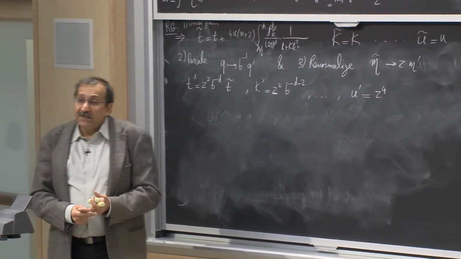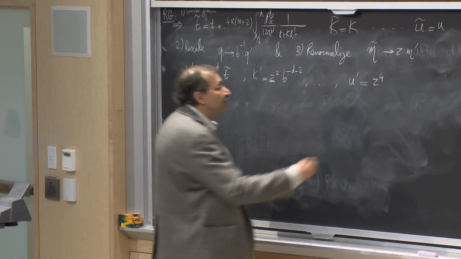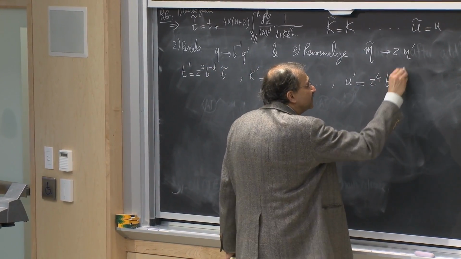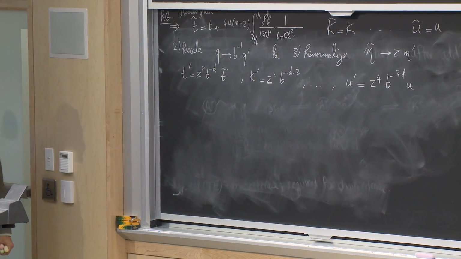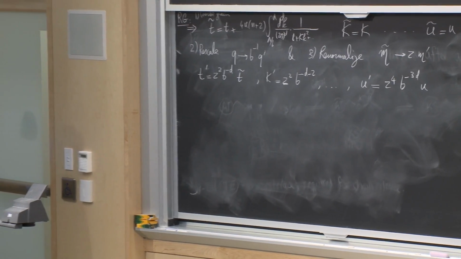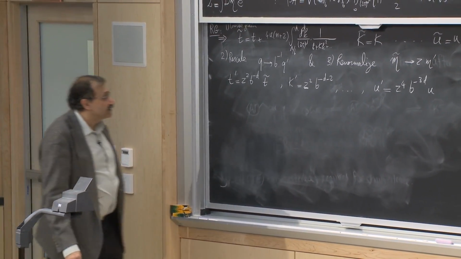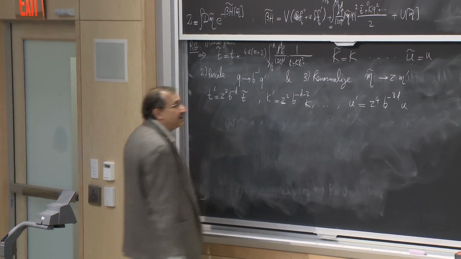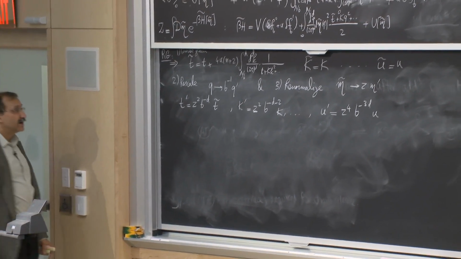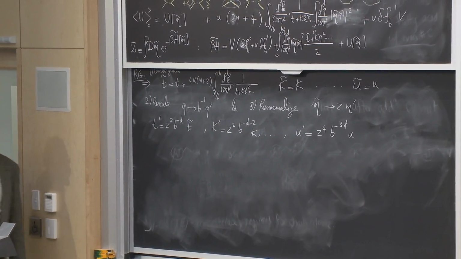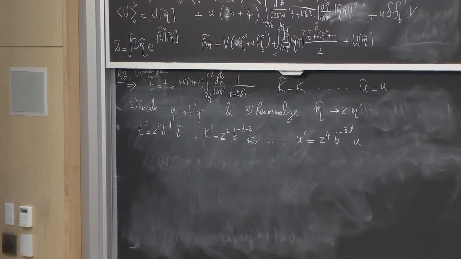But there will be 3 integrations over q, which gives me 3 factors of b to the minus d. Okay? So these are pretty much exactly what we had already seen for the Gaussian model, except that we replaced this t that was appearing for the Gaussian model with t tilde, which is what I have up here.